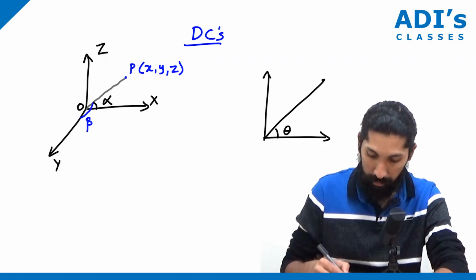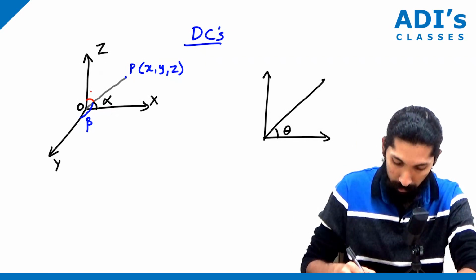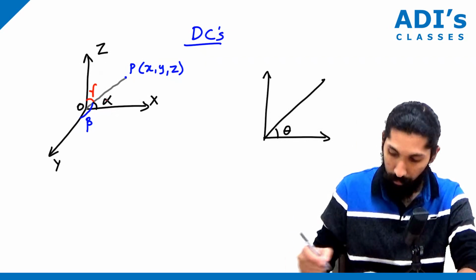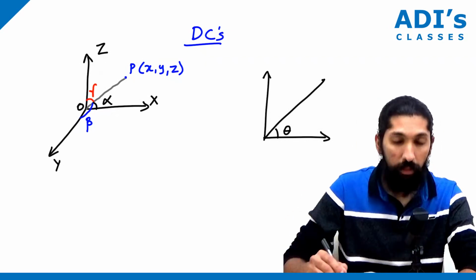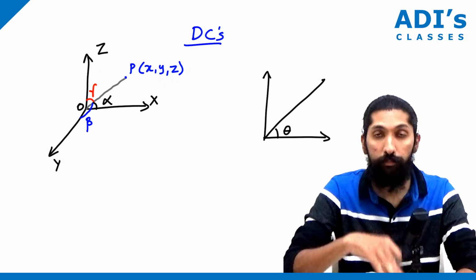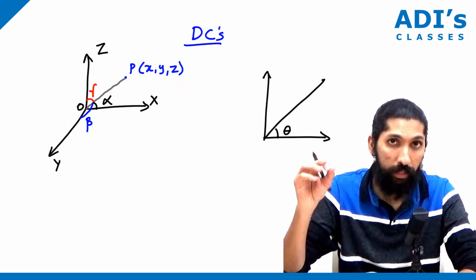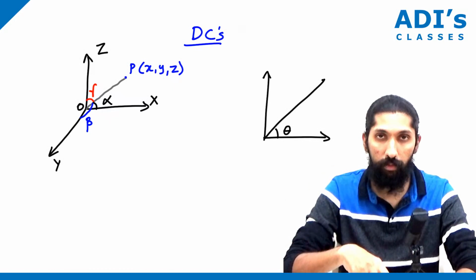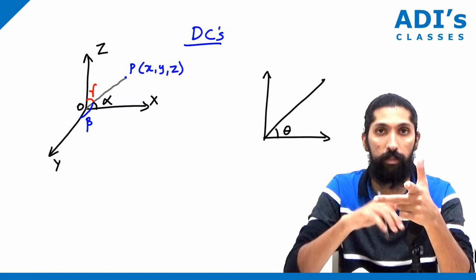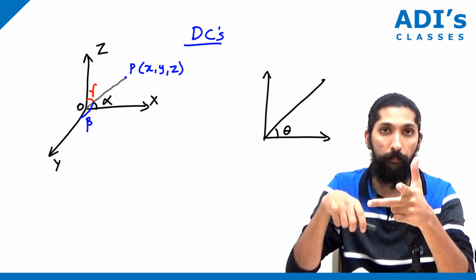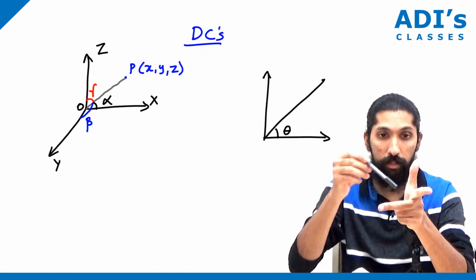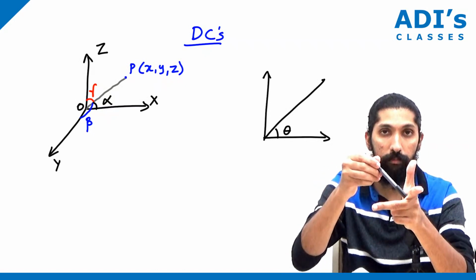Then, with respect to the z-axis, it makes an angle. Let's call it gamma. Now, a line makes 3 angles with 3 different coordinate axes. Fair enough? Think of it like this: x, y, and z. And let's say the line is something like this.